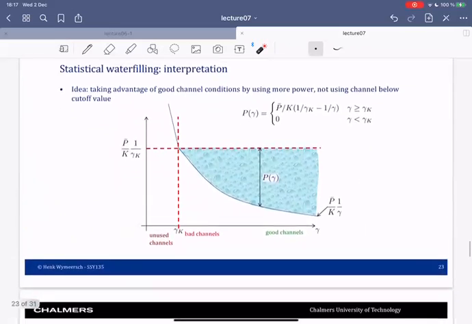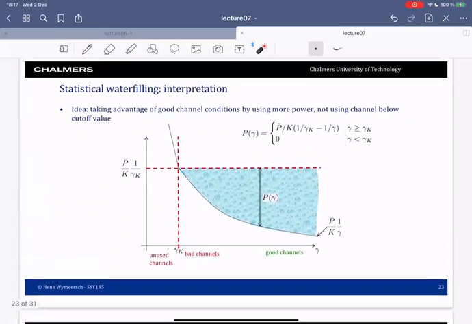So now we go to this interpretation. Why is it called water filling? The solution to the problem gives this power allocation. So the power allocated when the SNR is gamma is average power over a constant times 1 over a cutoff value minus 1 over gamma, above some cutoff value and 0 otherwise. So we now visualize this. On the x-axis is the signal to noise ratio of the channel, good or bad.